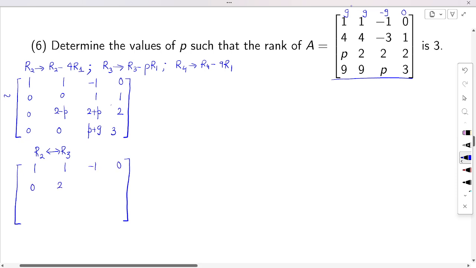Zero, 2 minus p, 1, 1, 0, 0, 1, 1 and 0, 0, p plus 9 and 3.